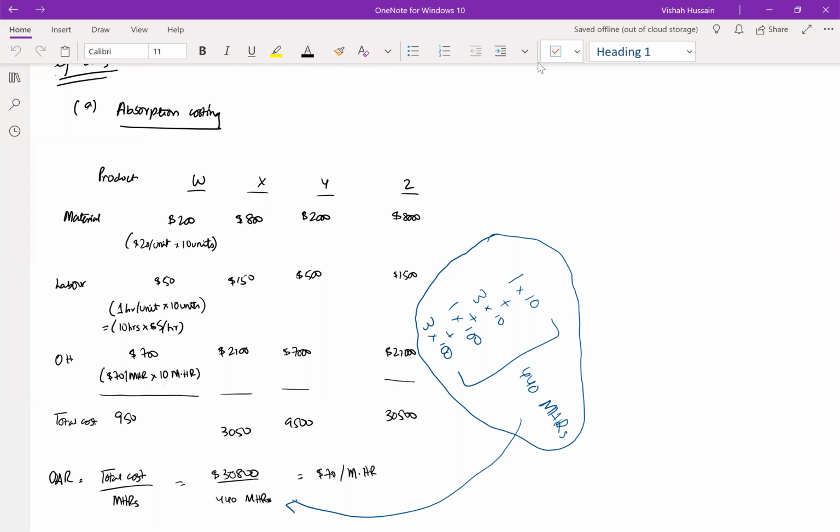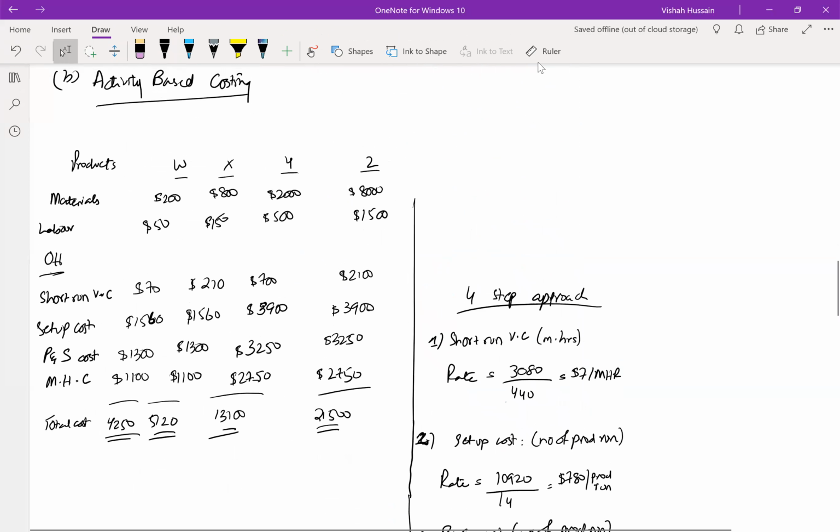We are going to do this example when we start off the class. Okay. In absorption costing, overheads are going to be written in just one line. However, in ABC, if you see, these are the four overheads. Okay. I'm not going into the details, but just telling you these four different overheads are coming because we did not total the overheads. All right.